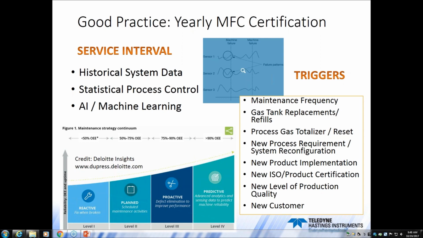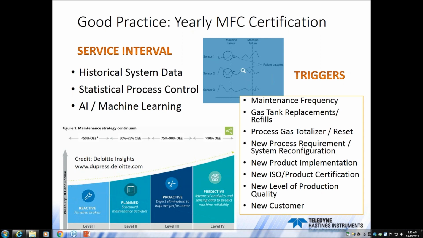So obviously, the more tank replacements or refills you do, the more danger of contamination there is. There are a lot of facilities that are using process gas totalizers, and most of the mass flow controller power supplies, including the ones produced and sold by Teledyne Hastings, and even our Flow Nomad, have that gas totalizer function. So you can actually create a scenario in which, if you run a certain amount of gas to that line, this will trigger a maintenance call, so a service interval.